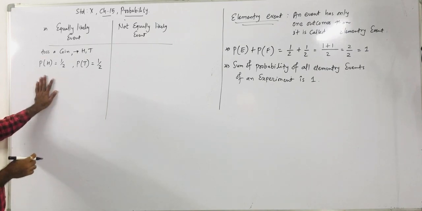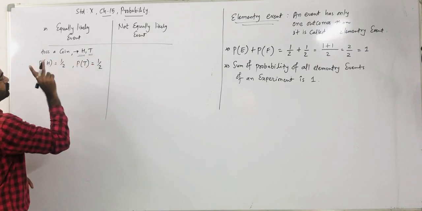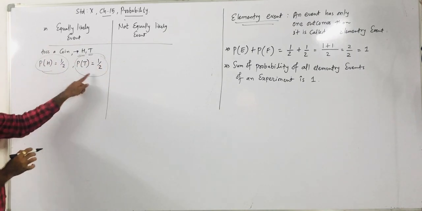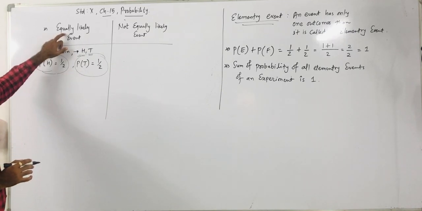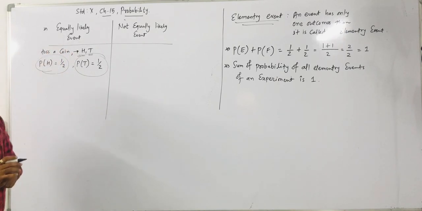Right? So observe that whenever we toss a coin, both outcomes, head and tail, get the same probability, 1 by 2 and 1 by 2. Right? So this is called the equally likely event.